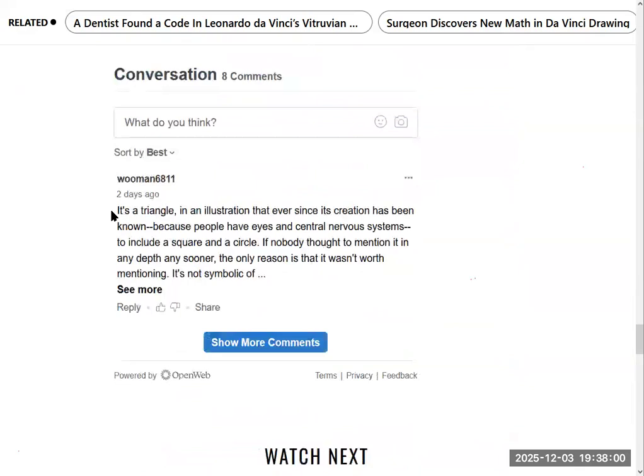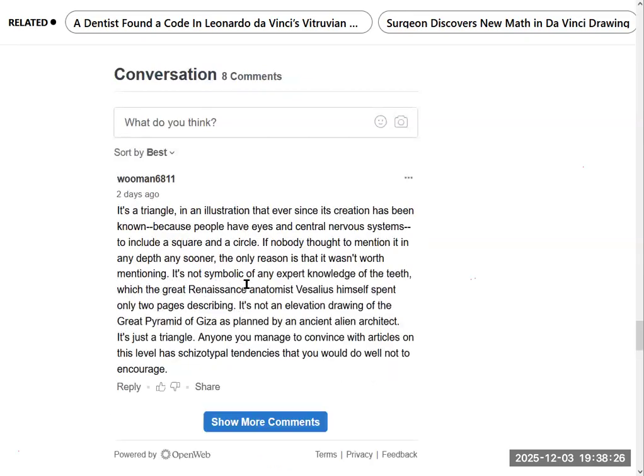Oh, this person here says it's a triangle in an illustration that ever since its creation has been known, because people have eyes and central nervous systems, to include a square and a circle. If nobody thought to mention it in any depth any sooner, the only reason is that it wasn't worth mentioning. It's not symbolic of any expert knowledge of the teeth, with the great Renaissance anatomist Vesalius, not heard of him, himself spending only 2 pages describing.